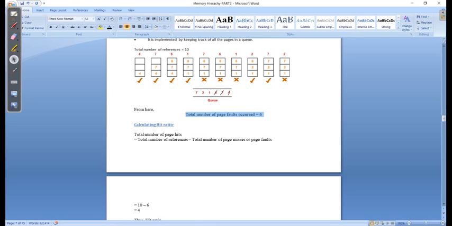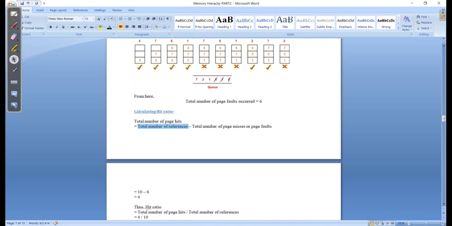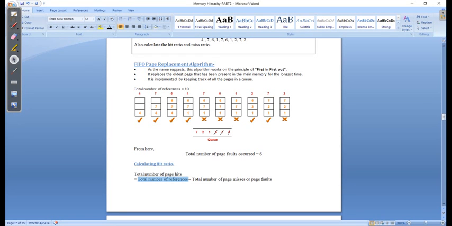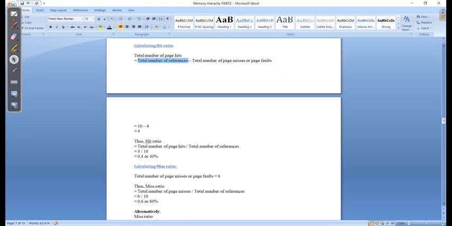So total number of page hits is equal to total number of references minus total number of page misses or page faults. Total number of references is 10 and total number of page faults is 6.